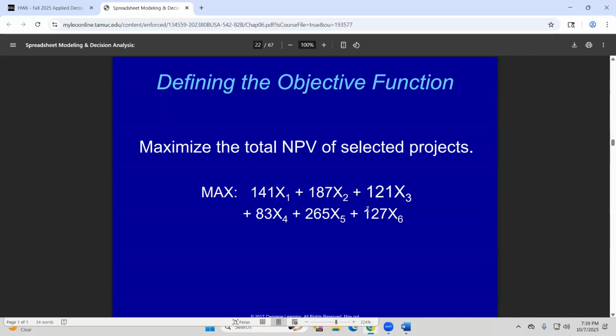Done with the objective function. So let's work on the constraints.